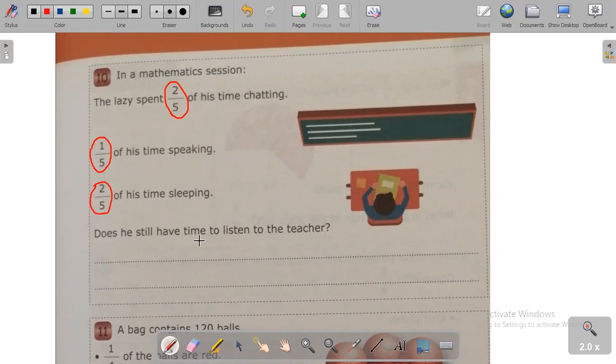Does he still have time to listen to the teacher? To know if he still has time to listen to the teacher, we have to add the fractions because he spent 2/5 chatting, 1/5 speaking, and 2/5 sleeping. So we have to add the fractions and we see if we have time or not.